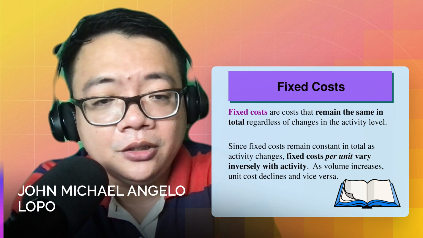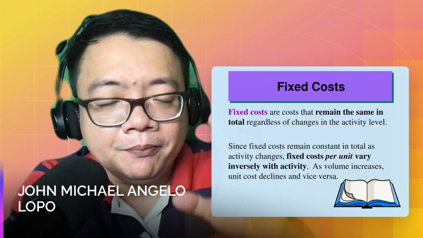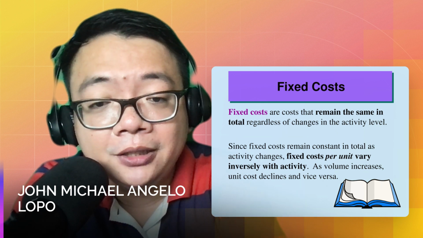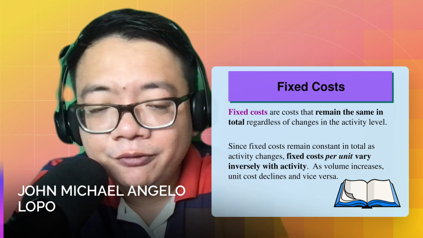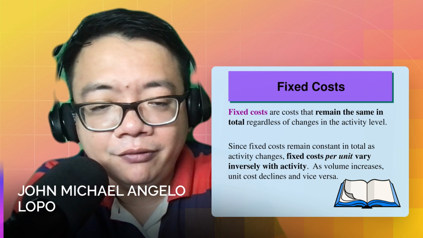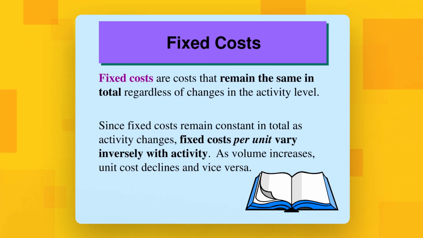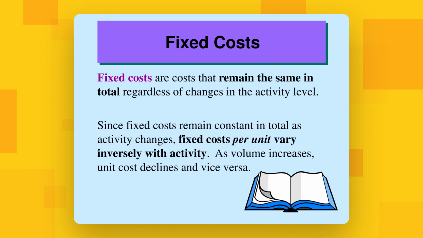Since fixed costs will remain constant, fixed cost total will remain the same, but the fixed cost per unit naman will vary inversely with the activity level. Meaning class, kabaliktaran. As the volume increases, unit cost declines, and vice versa. So that's your fixed cost. Again, fixed cost total will remain the same, while fixed cost per unit will vary inversely with the activity level.